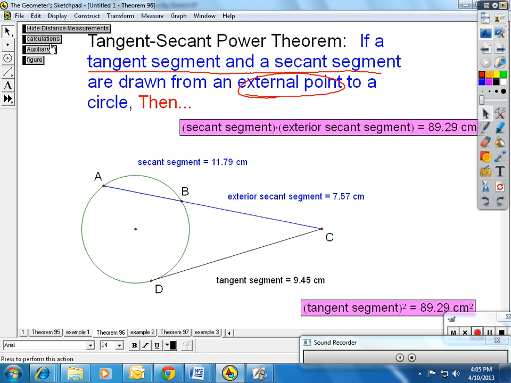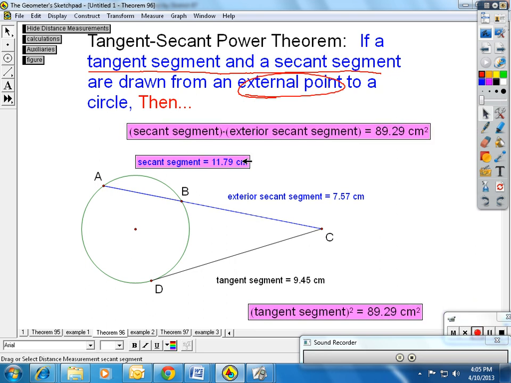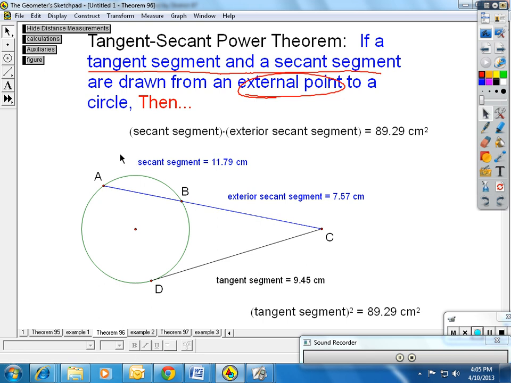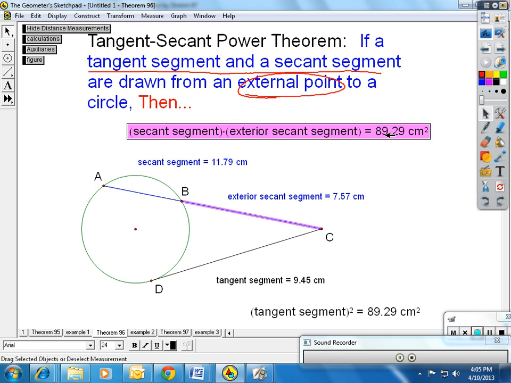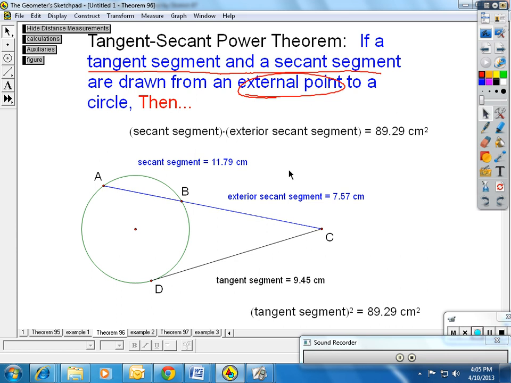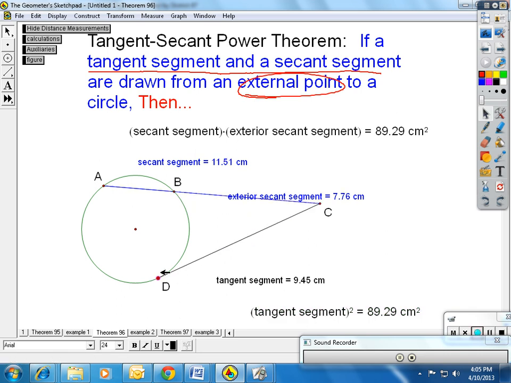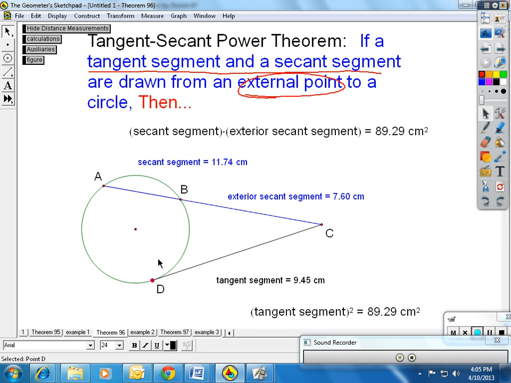Now check out these calculations. If I multiply the secant segment, that's everything, and I multiply this entire secant segment by just the external, I get 89.29. And then if I multiply the tangent segment by itself, I square it, I get 89.29. And you can see that that is always going to be the case.